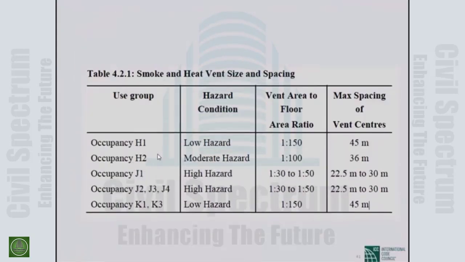These are some vent areas. You see, depending on the occupancy type and the hazard condition, the ratio of vent to floor area and the maximum spacing between vents are all written here. Whenever you design, you have to take the values from here.